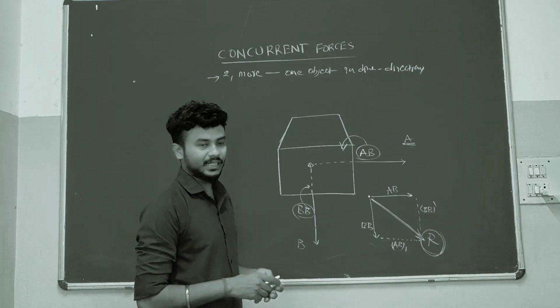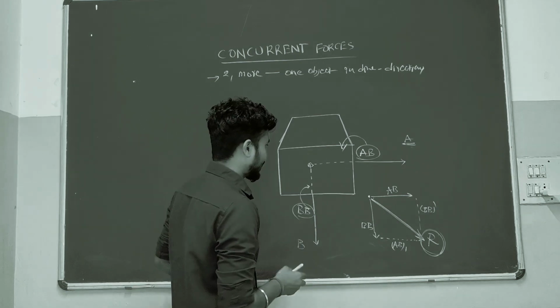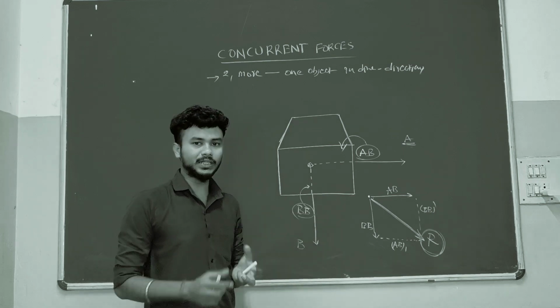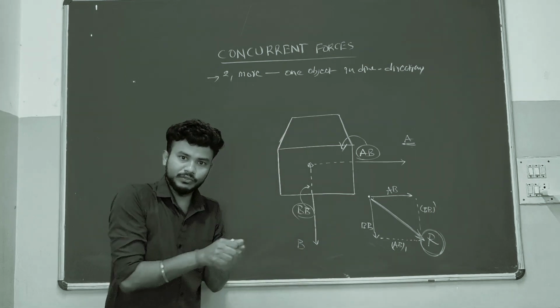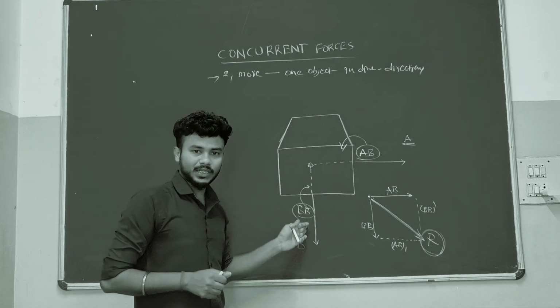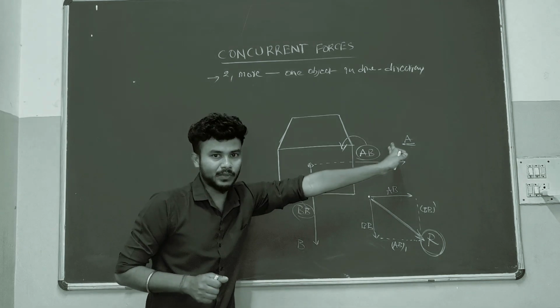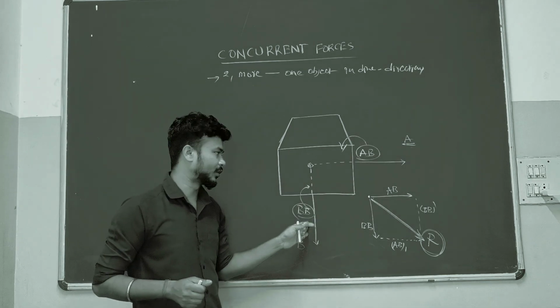Okay. Now we will see one small point. Suppose person A is pulling this object on his side with a certain amount of force, and person B is pulling on his side with some amount of force.